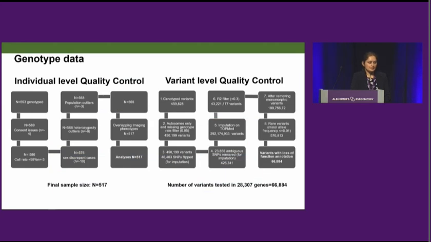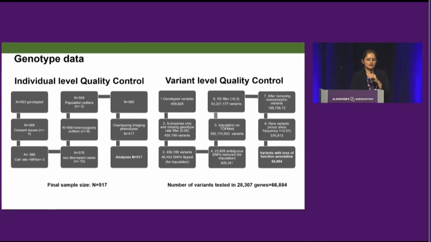This is a busy slide, but I would just emphasize the numbers. We started with 593 genotyped individuals, and after a very strict quality control, we ended up with 565 individuals, but the final sample is 517 because that was the imaging phenotype and genotype overlap.